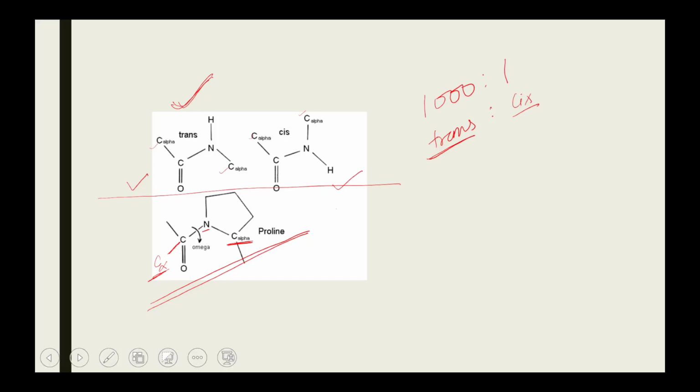So the nutshell of this whole peptide bond is that the protein structure is stable only when there is less steric hindrance, and only when there is less steric hindrance is rotation possible around the bond.